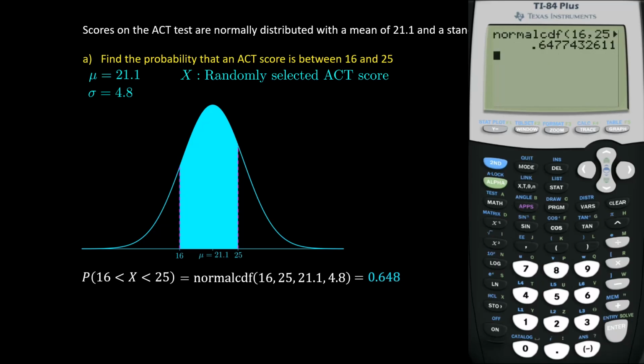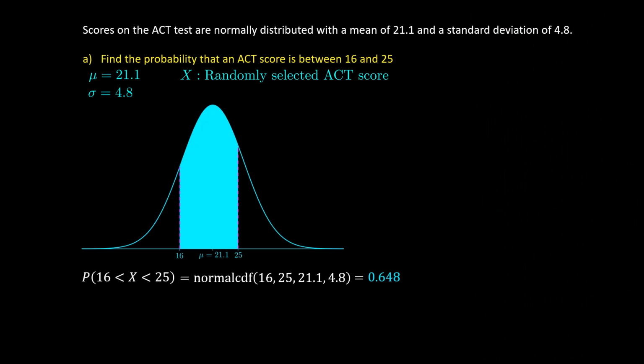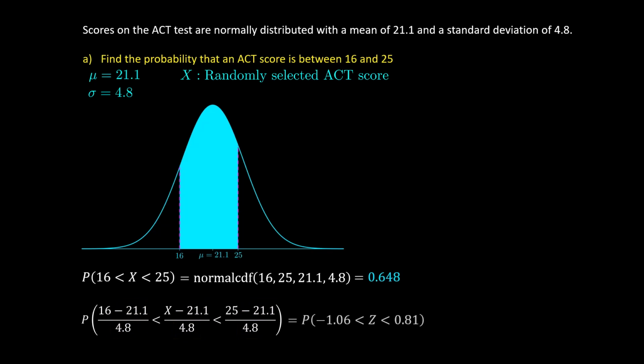As I mentioned earlier, some professors will ask you to first find the z-scores that correspond to the x values given in the problem, and then you use the calculator. If we do the problem using that approach, what we do is subtract the population mean 21.1 from each side of the inequality, and then we divide by 4.8. So the 16 gets converted to negative 1.06.